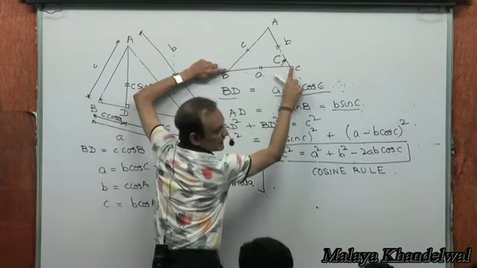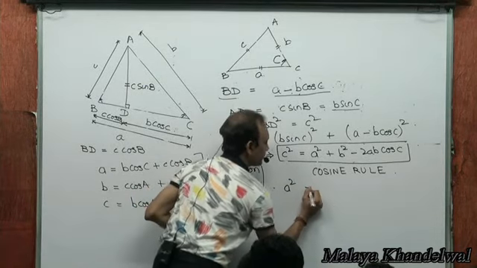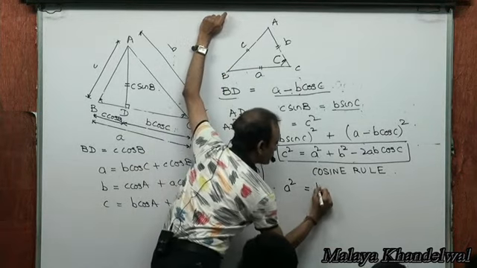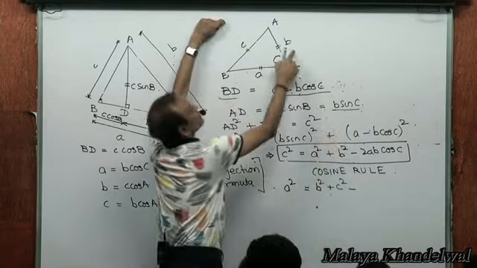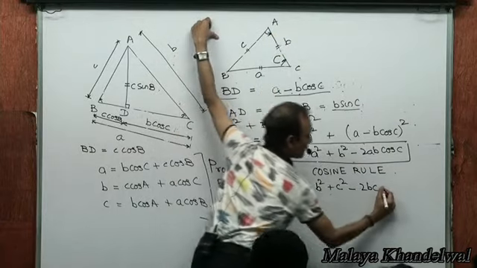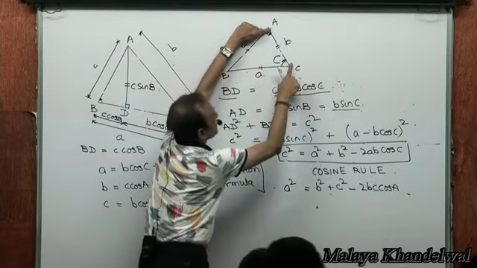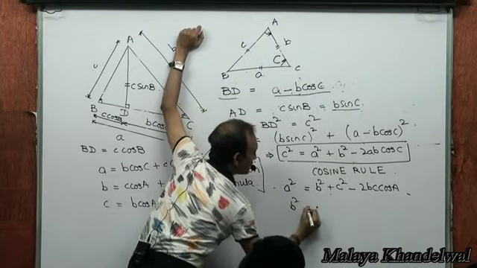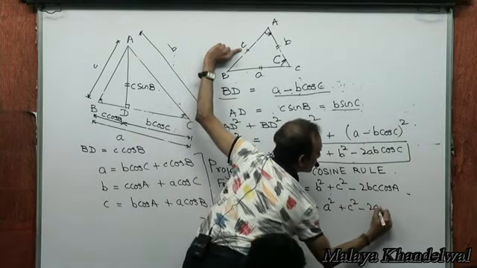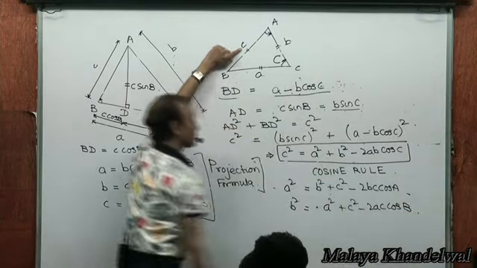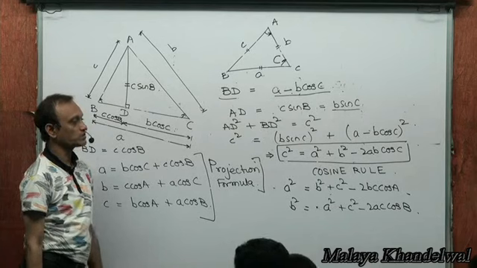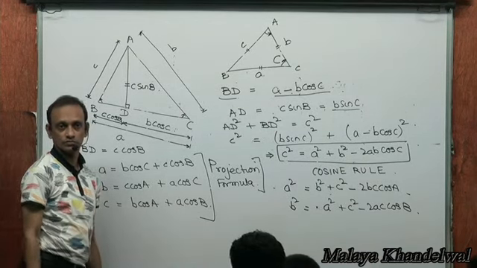So suppose I want to write a squared. Then a squared, from similar considerations, would be the sum of the squares of the other two sides, b squared plus c squared, minus twice the product of these two sides into cosine of the included angle A. Suppose I want to write b squared, then b squared is a squared plus c squared minus 2ac cos B. This is the cosine rule.